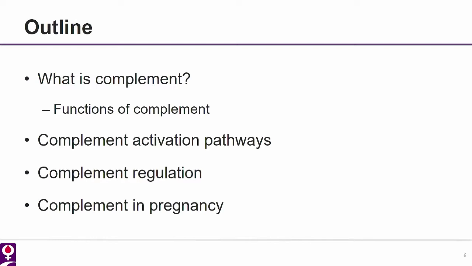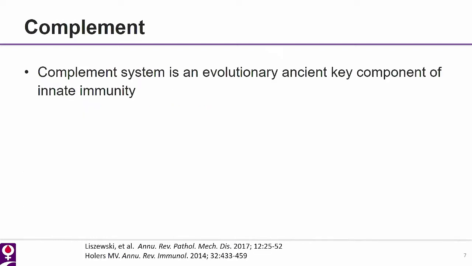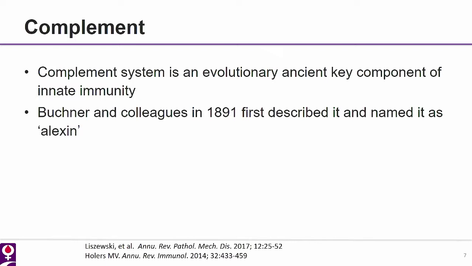the complement in pregnancy. So the complement system is an evolutionarily ancient key component of innate immunity, and it was described early in 1891 by Buchner and colleagues as a heat-labile component of blood that was able to kill bacteria.